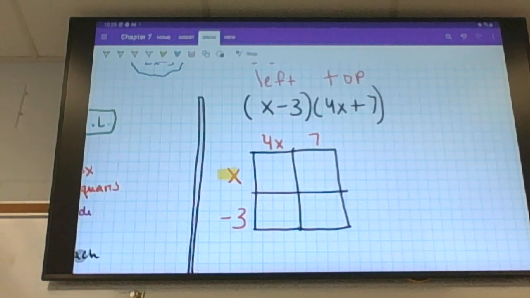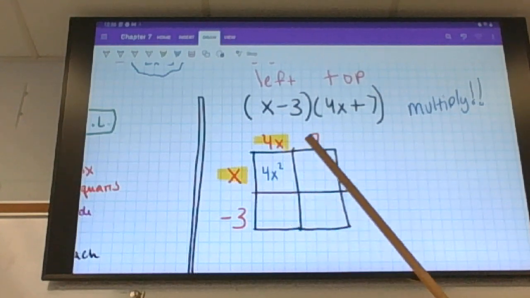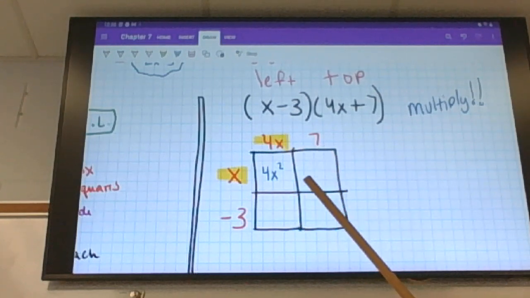Alright, so first I'll do x times 4x. That's multiplication. 4x squared. And then I do the x times the 7, and I write that in this window hole.